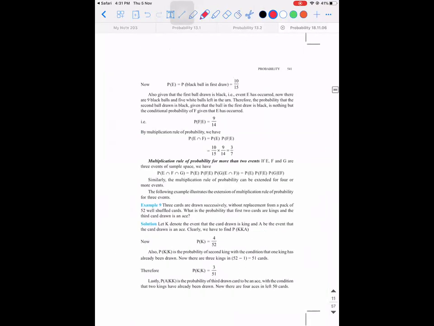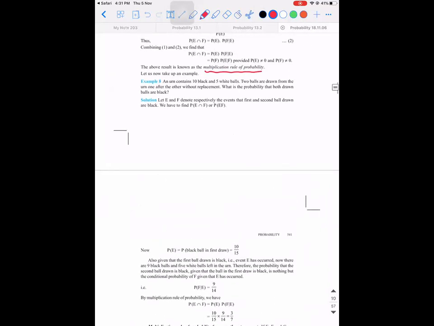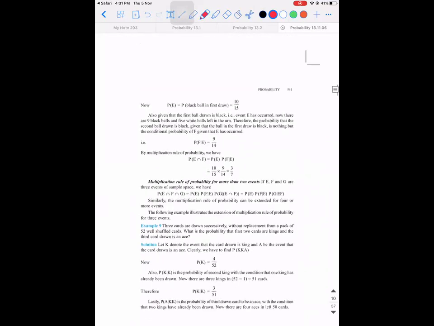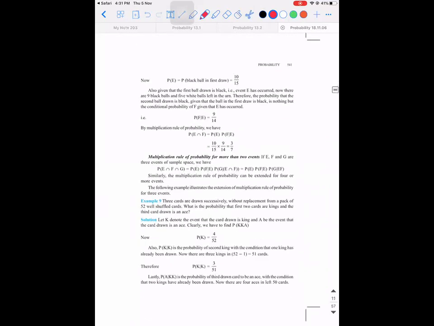Whatever we discussed so far is the multiplication rule of probability, which is applied for how many events? E intersection F. There are 2 events, E and F. What if you have more than 2 events? If E, F, and G are 3 events of a sample space, then this is the formula, guys.